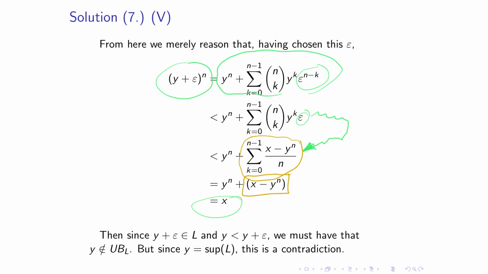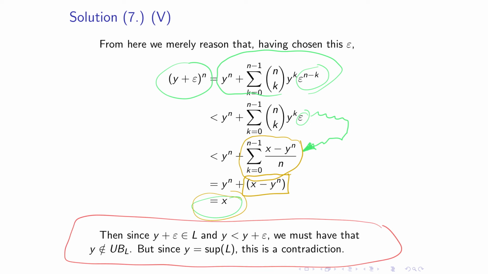The y to the n's cancel, you get just x, and that demonstrates the desired result. As usual, because we have now finally demonstrated all of those claims, we have an element of the set L which is bigger than y. Y was supposed to be the least upper bound, but it's not even an upper bound. So there's our contradiction.